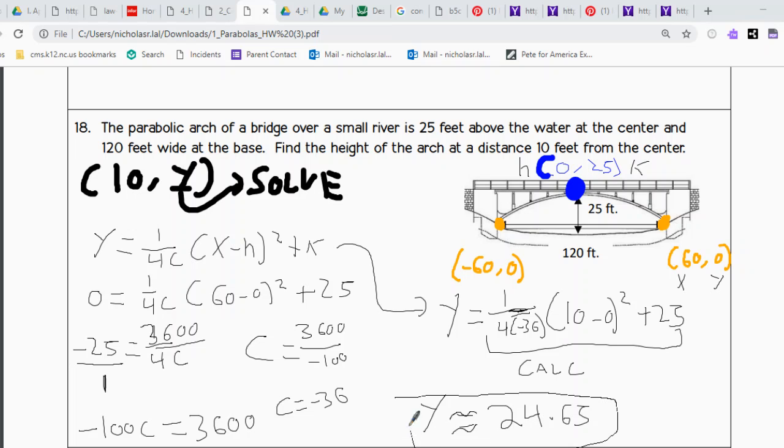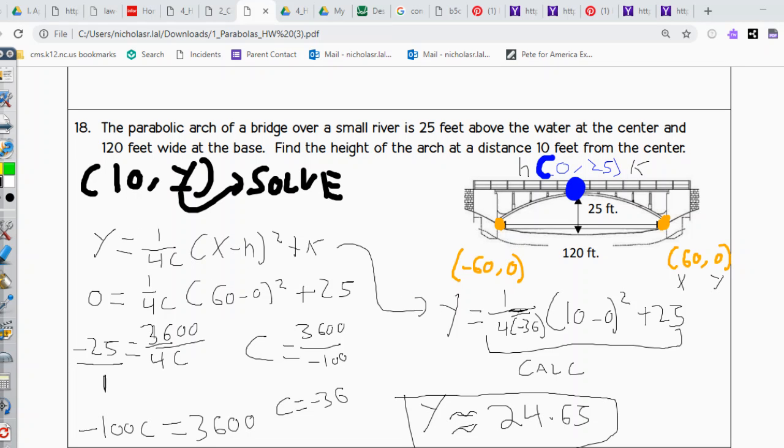That's our y value, which is the height of our parabola 10 feet from the center. So if the x value of the center is 0, then if we set x equal to 10, that's 10 feet from the center.